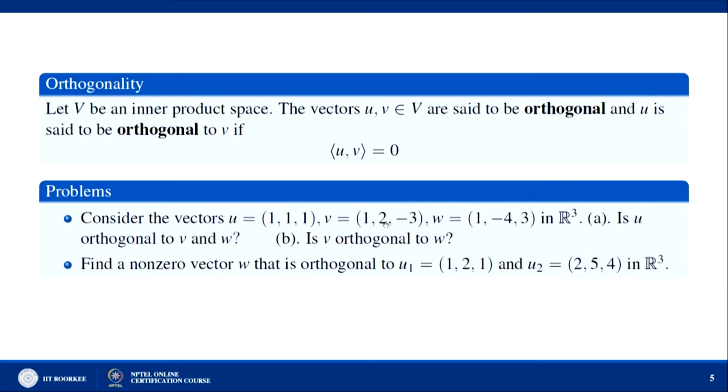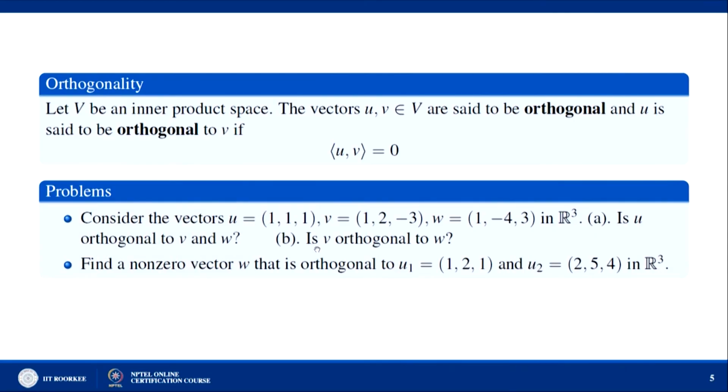It is 1 plus 2 is 3 minus 3 is 0, that means u is orthogonal to v, it is clear. Now, is u orthogonal to w also? So, let us see, 1 into 1 is 1, 1 minus 4 is minus 3, plus 3 is 0. So, yes, it is orthogonal to w also.